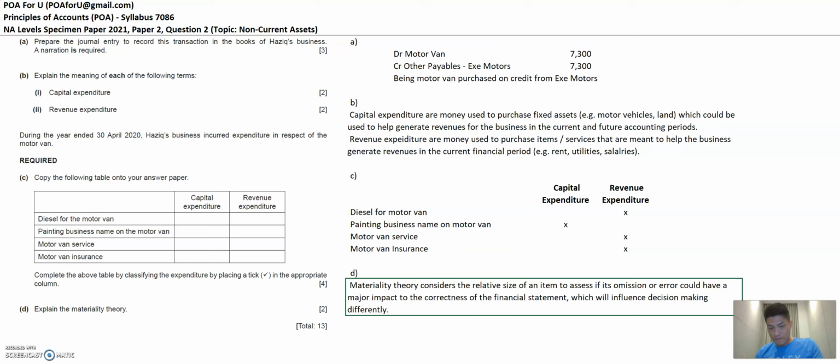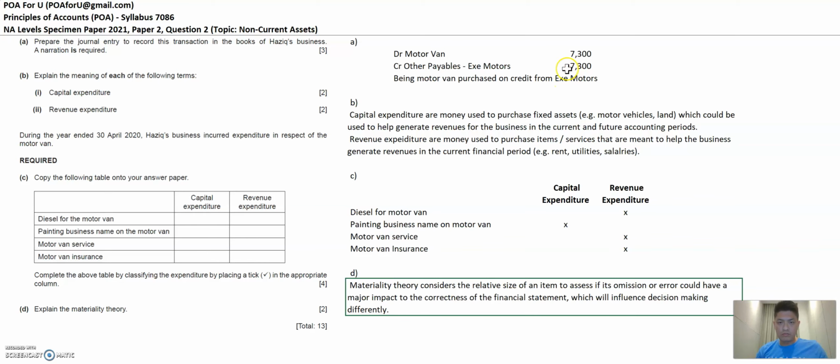So a statement that I've prepared here is: it considers the relative size of an item and assesses whether the omission or error could have a significant impact on the correctness of the financial report that we are reading, that will make us make a different decision. So that's the whole concept of materiality, right?